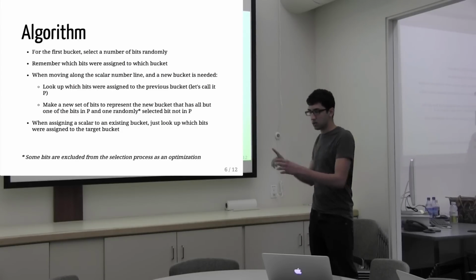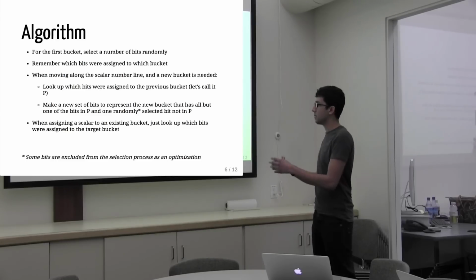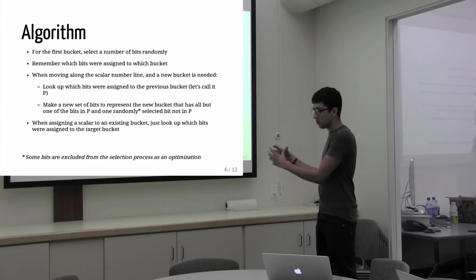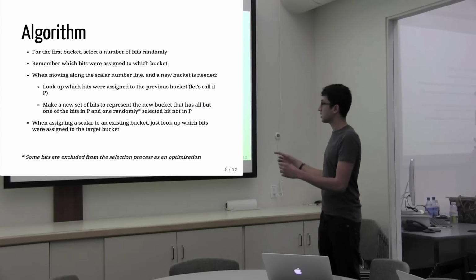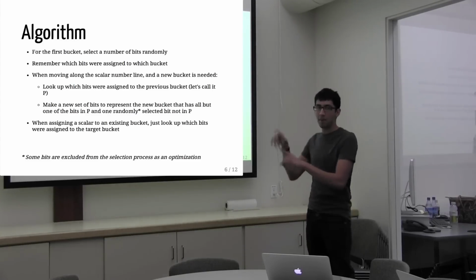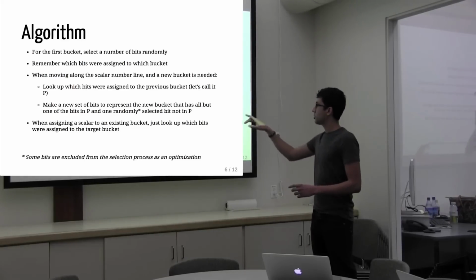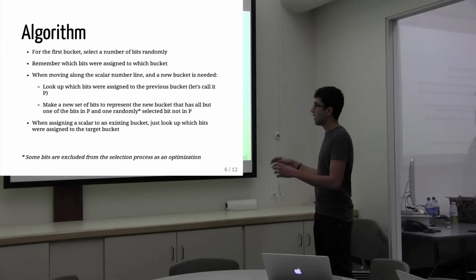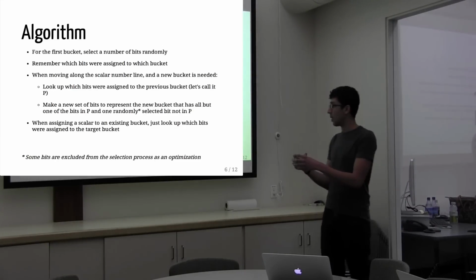So we start moving towards the value 10 and generate buckets along the way. For a new bucket that we do not have bits representing, we always keep a map of which bits were assigned to which buckets. When we move to the right to generate a new bucket, we make a new set of bits to represent it.